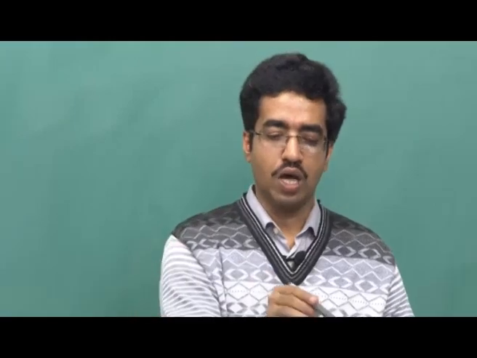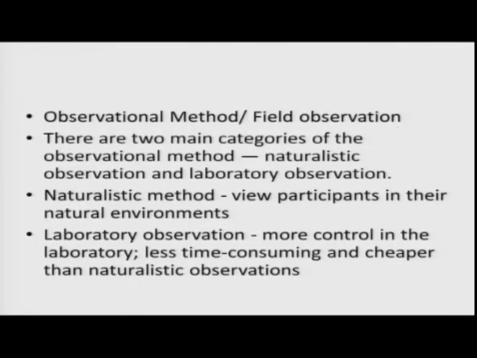Under descriptive studies you can follow a couple of techniques, or you can say research methods. One is the observational method, also called field observation. It means you observe the participants, you observe the subjects of your study.